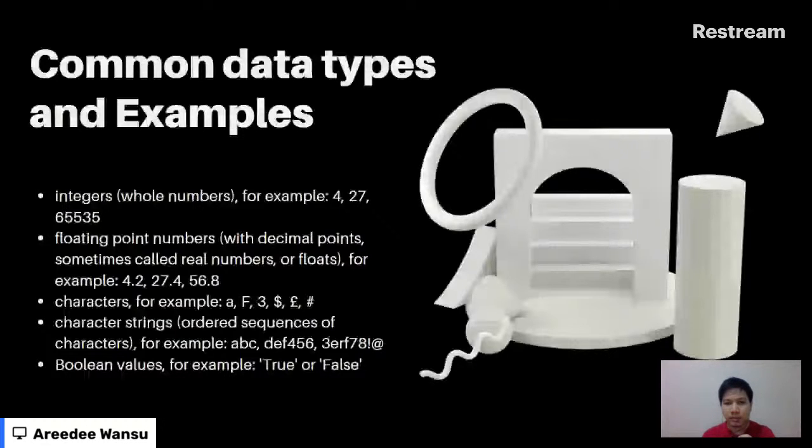First is integer. An integer is a whole number that can have a positive, negative, or zero value. It cannot be a fraction, nor can it have decimal places. It is commonly used in programming, especially for increasing values.